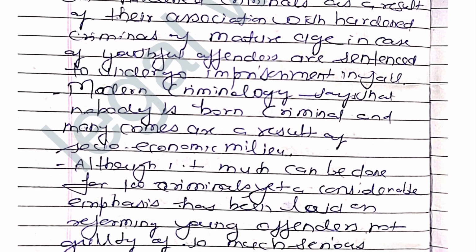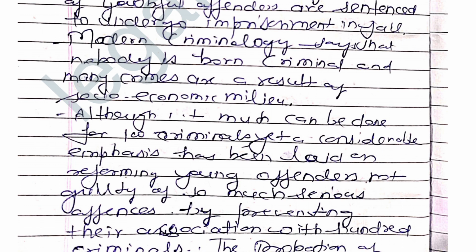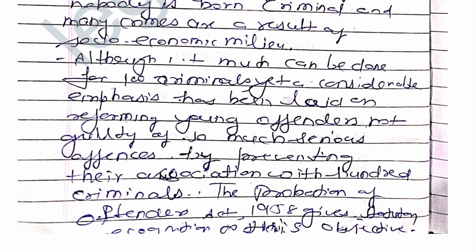Although much can be done for the hardened criminals, considerable emphasis has been laid on reforming the young offenders not guilty of any serious crime by preventing their association with the hardened criminals. The Probation of Offenders Act 1958 gives statutory recognition to this objective of probation.